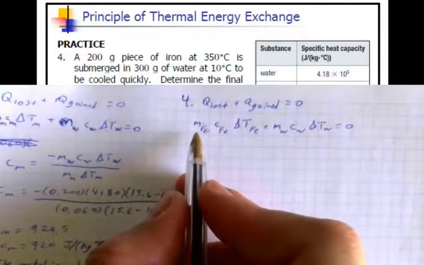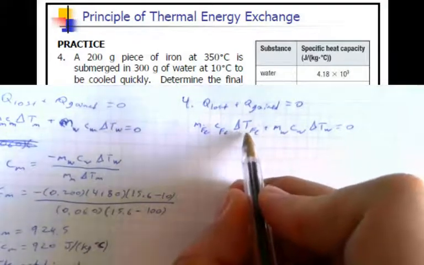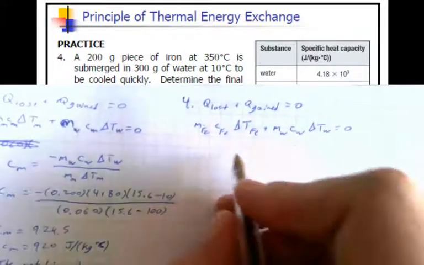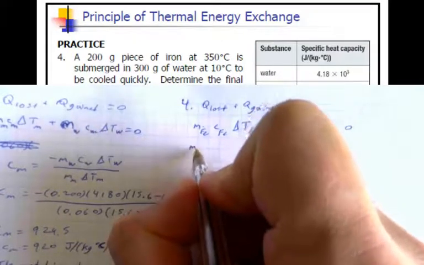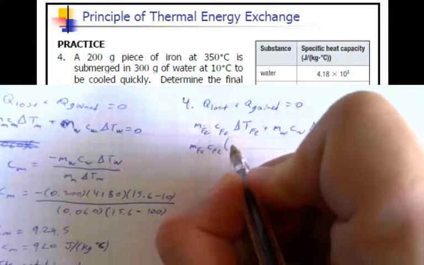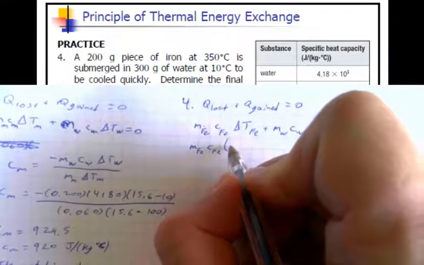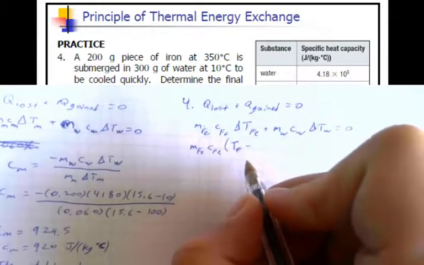So we can read this from the table to figure out what that is. But before we do, let's change these into their initials and their finals. So MFe, CFe. My final temperature is what I need to find, so TF, it's combined for both of them.